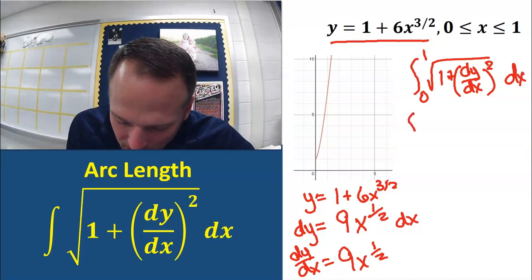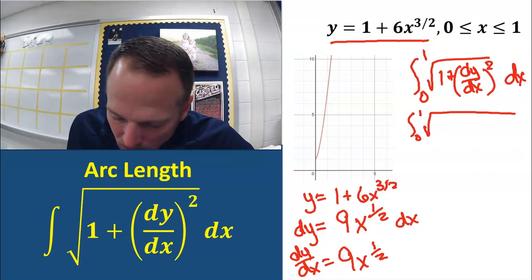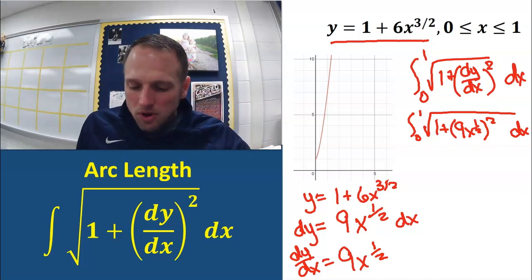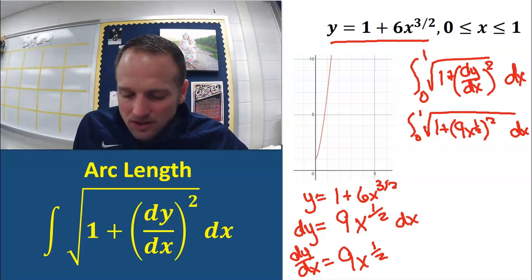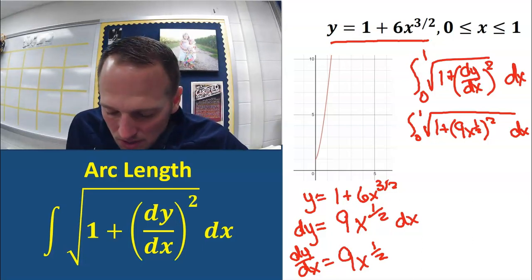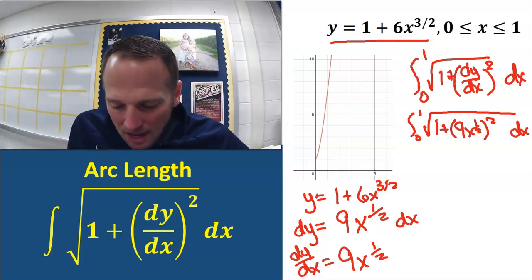We've got the integral from 0 to 1 of the square root of 1 plus (9x to the 1/2) squared dx. Okay, so let's see what this is going to be. 9x to the 1/2 squared is going to be 81x.